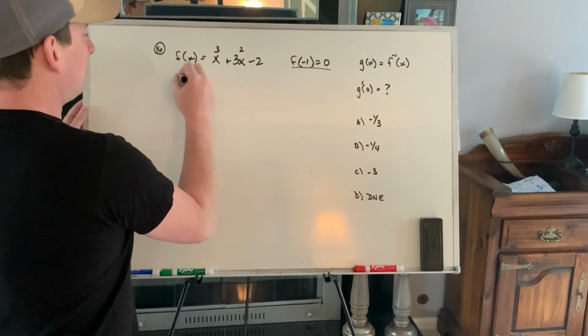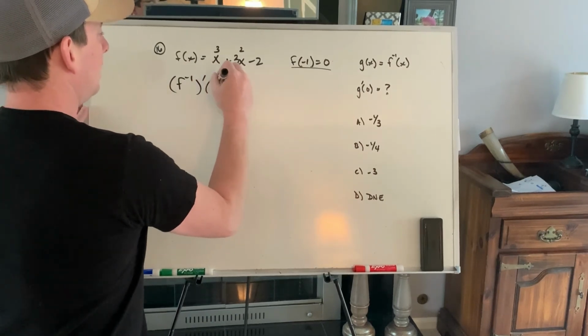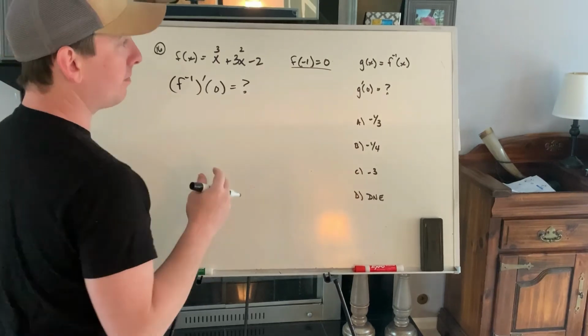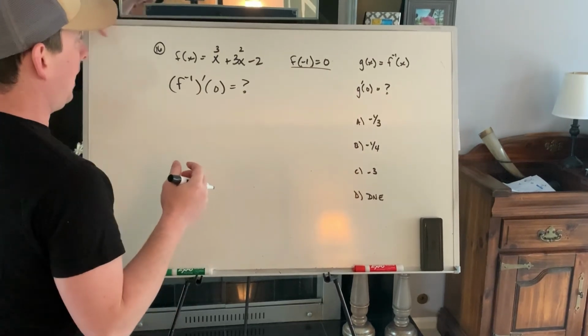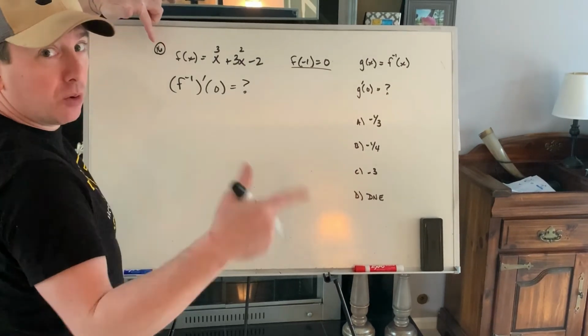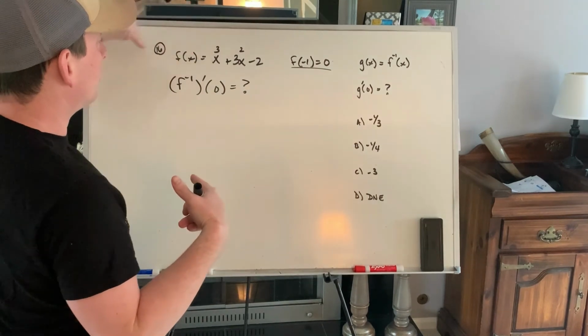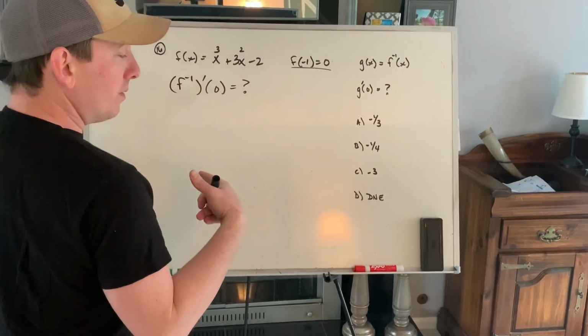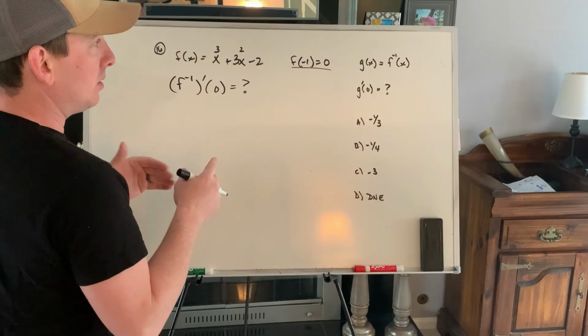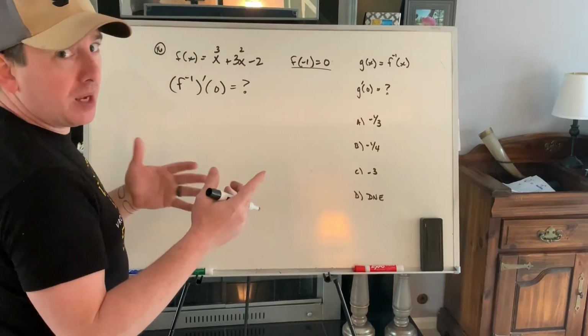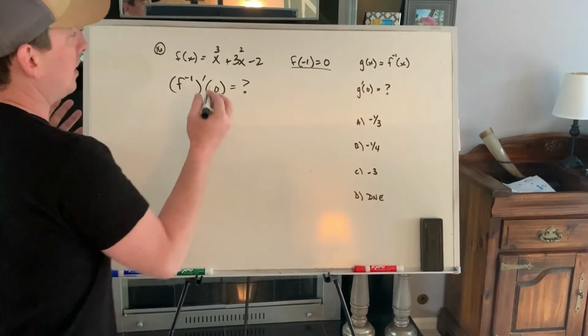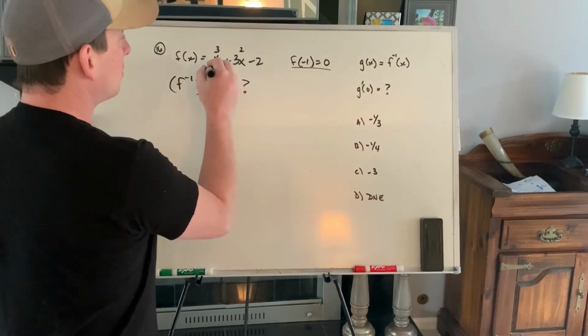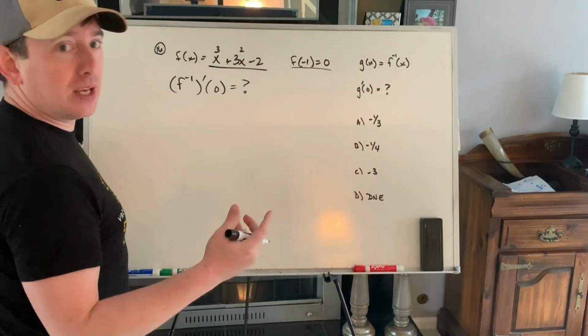We want f inverse prime of 0. So technically, if I go the long way around, I want to take the inverse of this, and then I want to take the derivative of that, and then I want to plug in 0. And that's not a bad game plan if that's possible, but it isn't here. You can't always take the inverse of a function, and this is an example of when you can't.